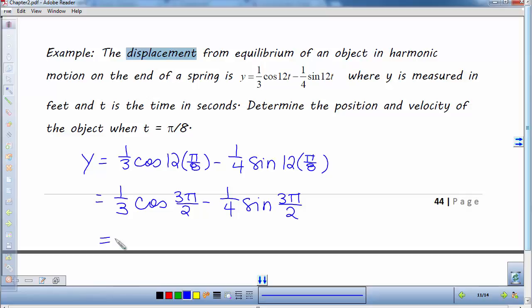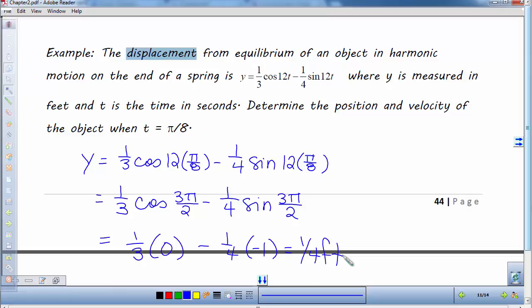So this whole thing is 1/3 times 0, and then sine of 3 pi over 2 is -1. So we get positive 1/4 feet. So at time equals pi over 8 seconds, the spring is at a position of 1/4 of a foot.